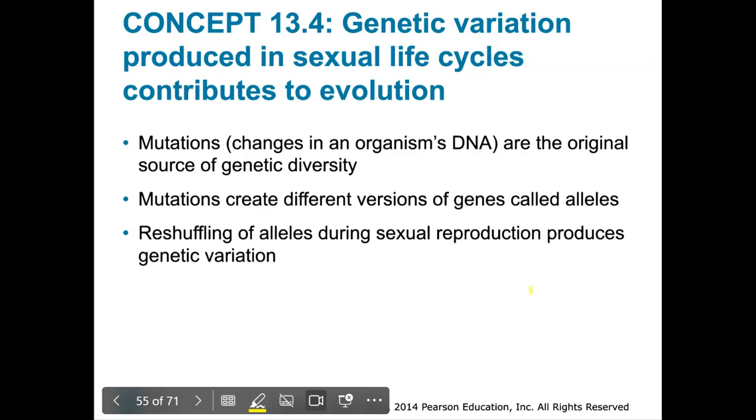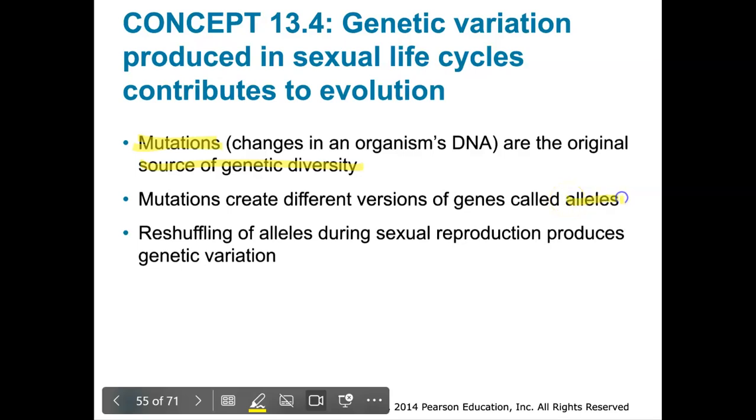So genetic diversity, the source of genetic diversity are mutations in the DNA code, changes in the DNA code. Mutations create different versions of genes, and a version of a gene is called an allele.